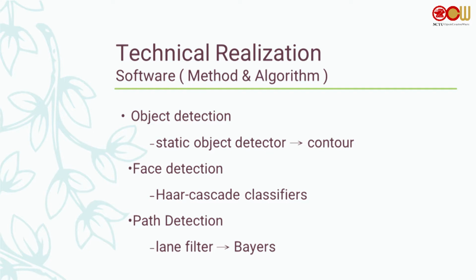The other one is face detection, which we already did in the first tutorial. We are using Haar cascade classifiers. For path detection, we are using the lane filter, which uses a Bayes filter algorithm.